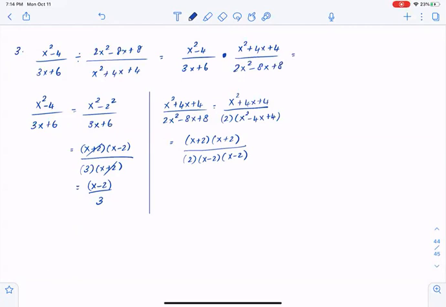Now we could put the two simplified expressions together. So x minus 2 over 3 times x plus 2 times x plus 2 divided by 2 times x minus 2 times x minus 2.